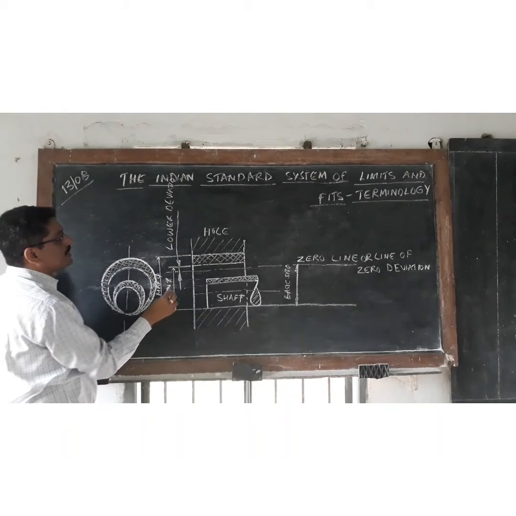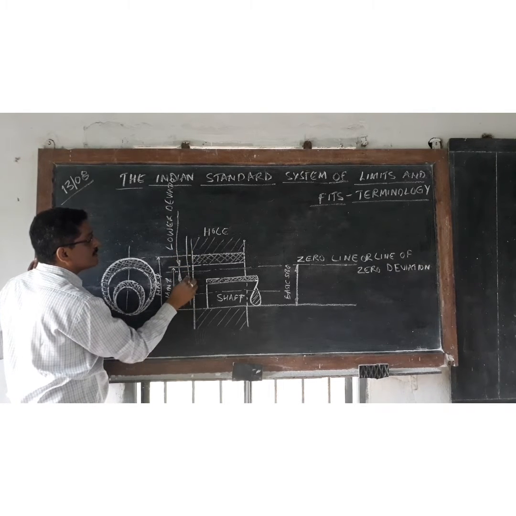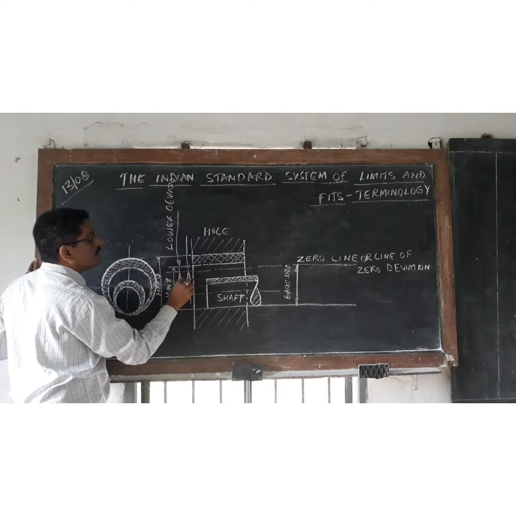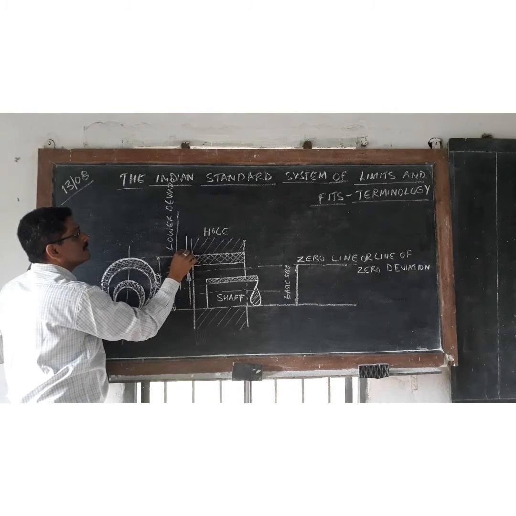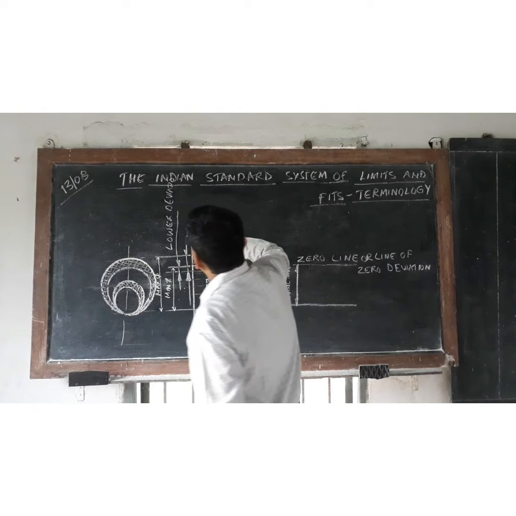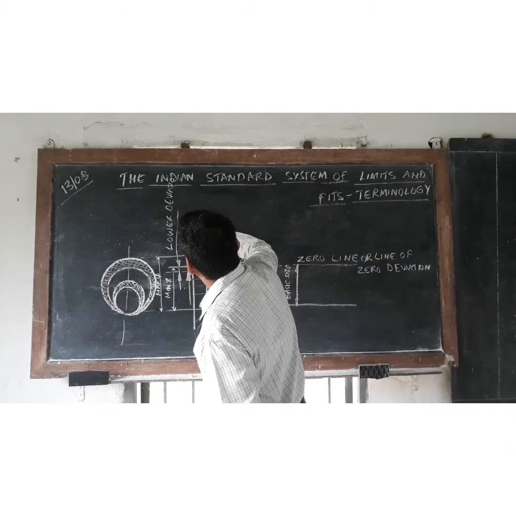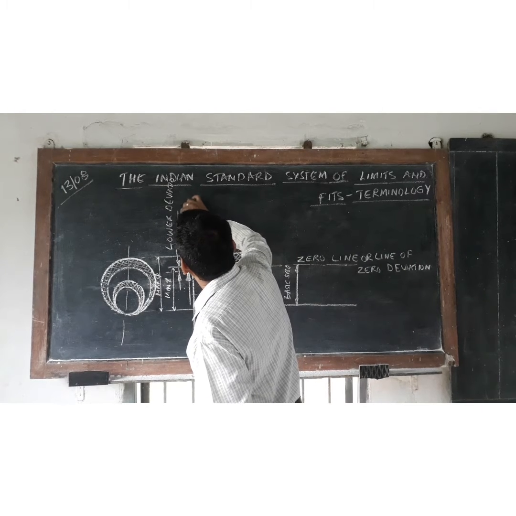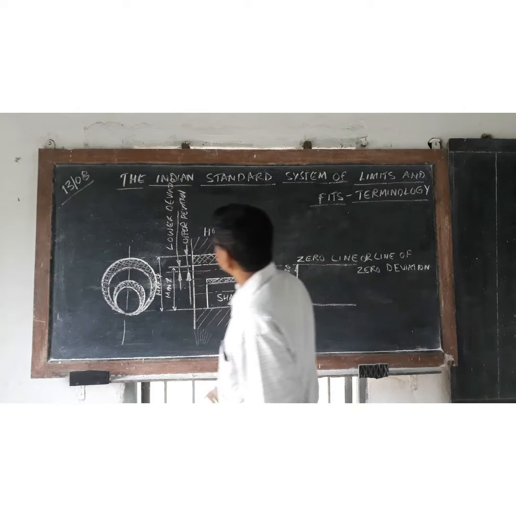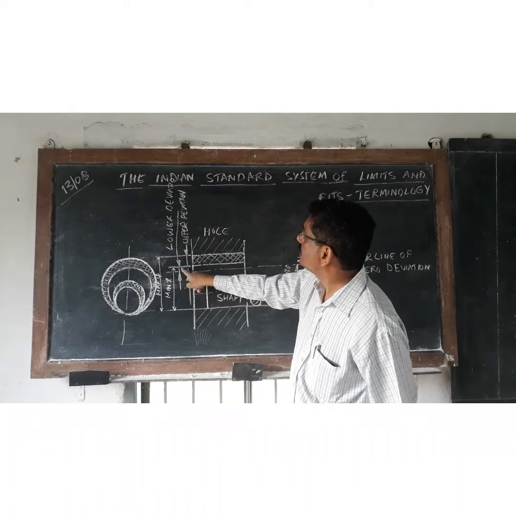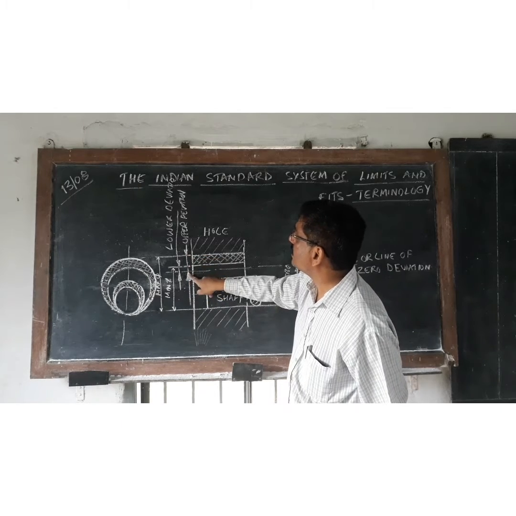Now you see the upper deviation, from here to here. From here to here is the lower deviation, and from here to here is the upper deviation.